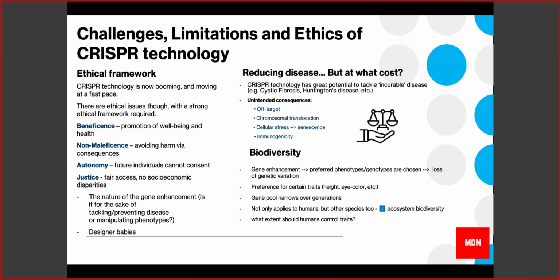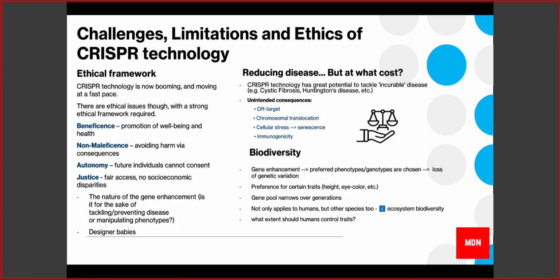And then designer babies. This is a famous term, and it implies that we manipulate the phenotypes and genotypes of babies. Again, there are a lot of ethical issues associated with this, and this is really important to mitigate through a strong ethical framework. And then next, when we look at CRISPR technology, yes, we're reducing disease, but at what cost?